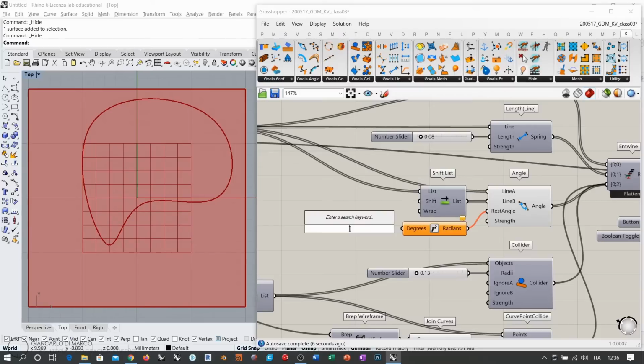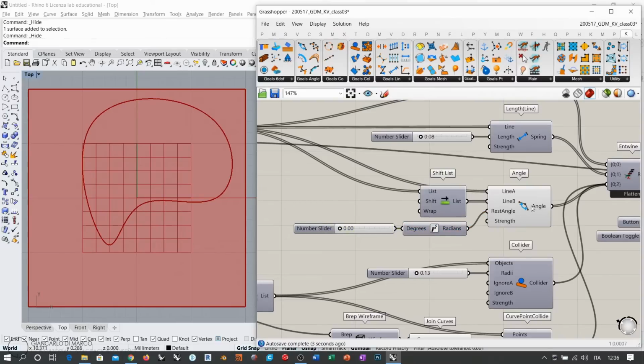I will use an angle between 0 and 90, 90 being already quite a huge value for the angle. Remember that we are trying to smoothen this curve, but it will also be interesting to watch what happens when we force the angle between two lines to be a specific value.